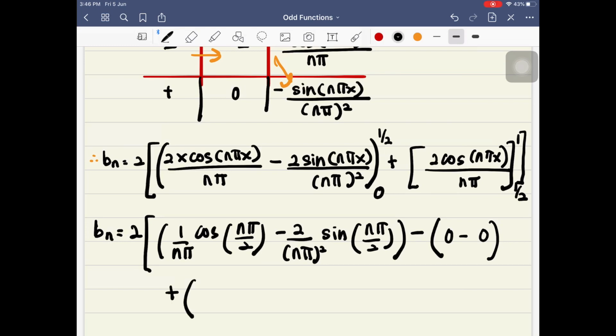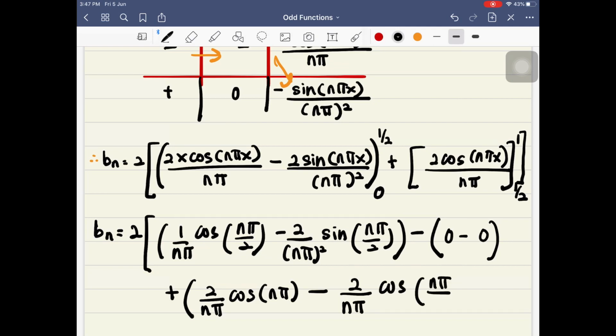Okay, settle with the first function. Plus, for the second function, the upper limit is 1. So substitute x is equals to 1 will give you 2 over n pi cos n pi minus 2 over n pi cos n pi over 2.